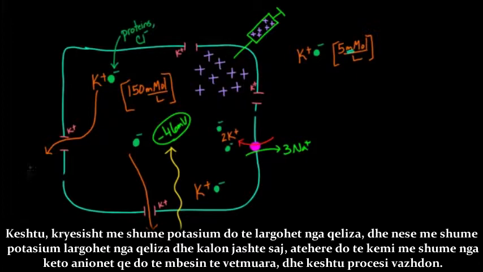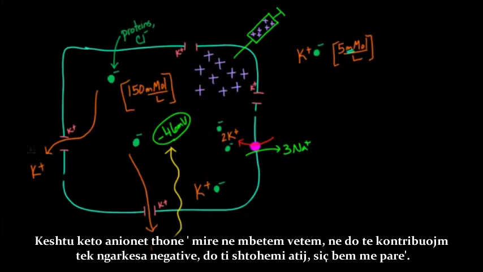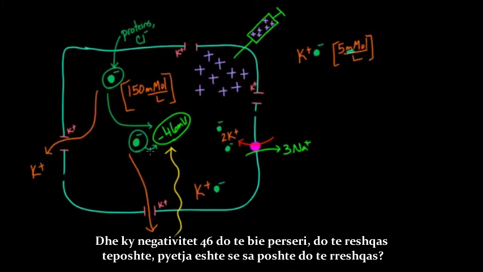And if more potassium is leaving and going on the outside, then you have more of these little anions left behind, and the process continues, right? So these anions say, well, if we're off by ourselves, we're going to contribute to this negative charge. We're going to add to it just as it did before. And that negative 46 is quickly going to slide back down again.